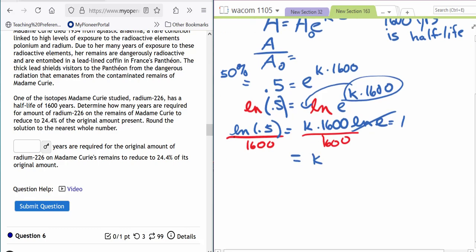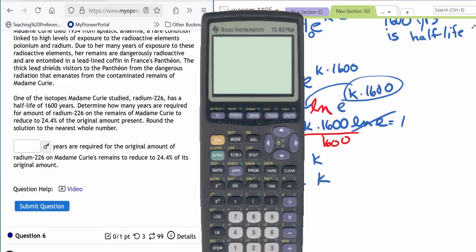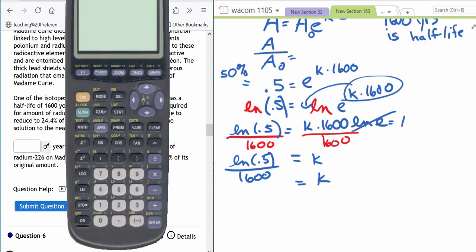So we're ready to go to the calculator with this piece. I'll just rewrite it. Now, we're going to get a number that is in scientific notation, I believe.